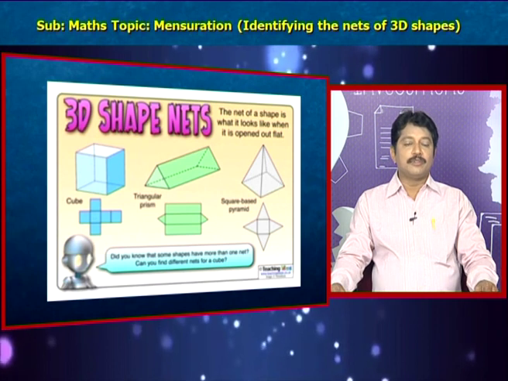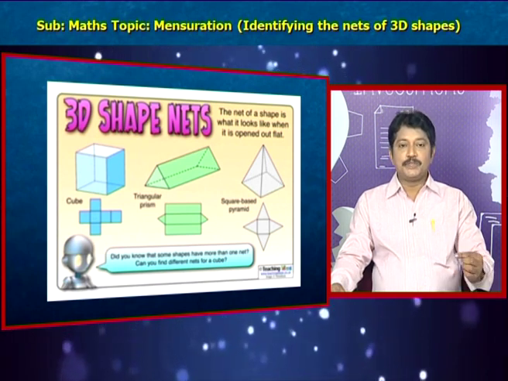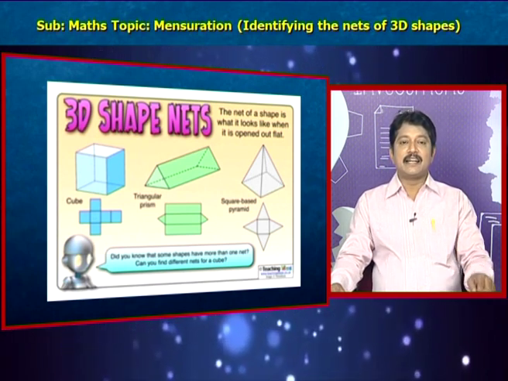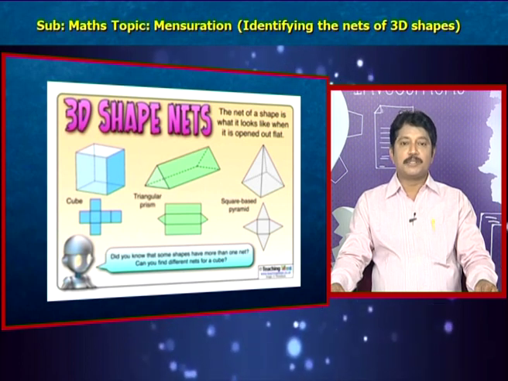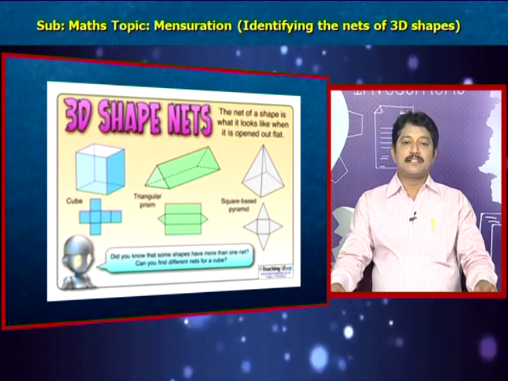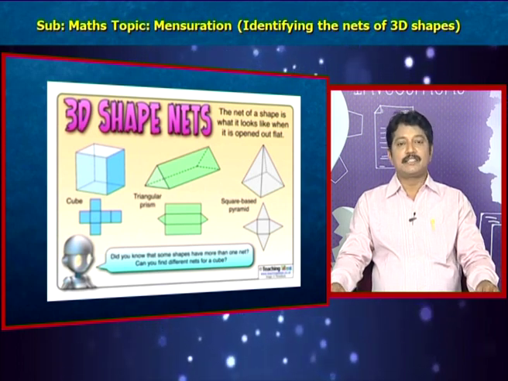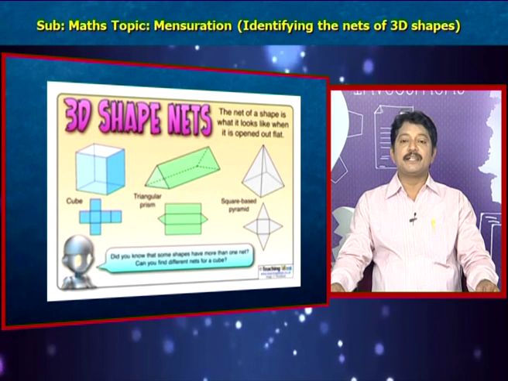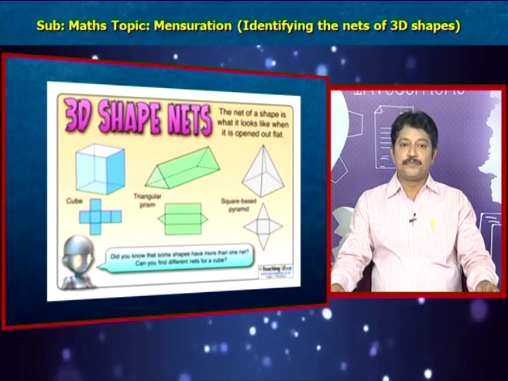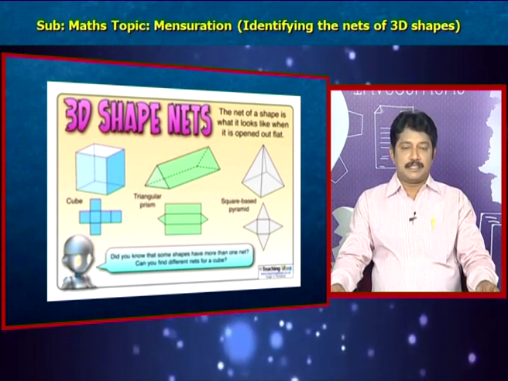The cube is a 3D figure, you know that. When you open it, the net diagram is as shown below the cube. The triangular prism is opened as shown below it, and likewise a square-based pyramid shape also. So, that is very important.